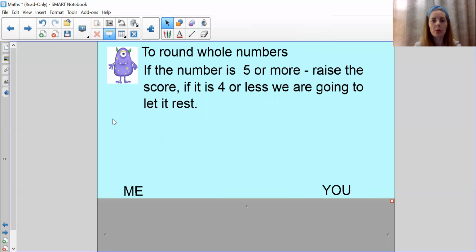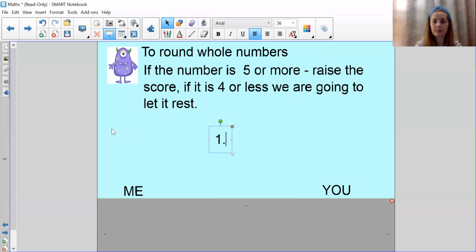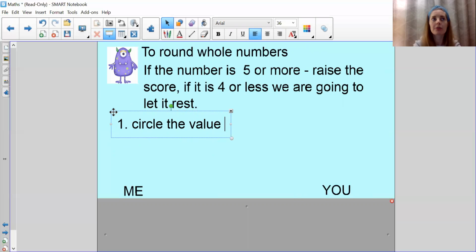Right, so when we're using our steps to success, we need to first circle the value that we are looking at. So we're saying round off to the nearest 100. We're going to find the number in the hundreds column, and we're going to circle that value.